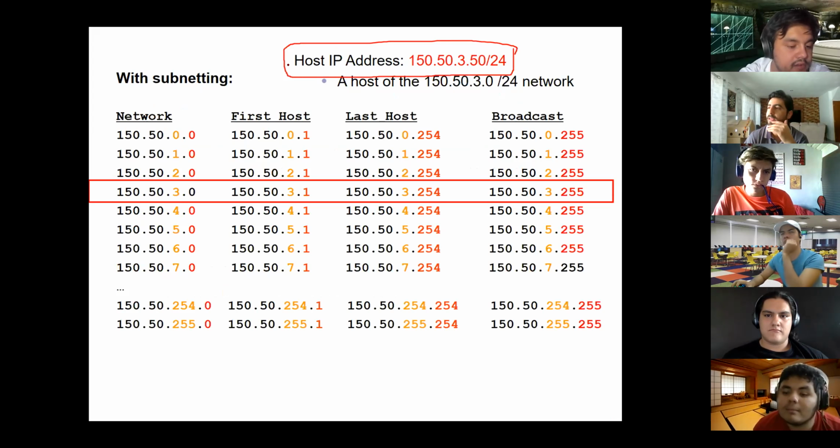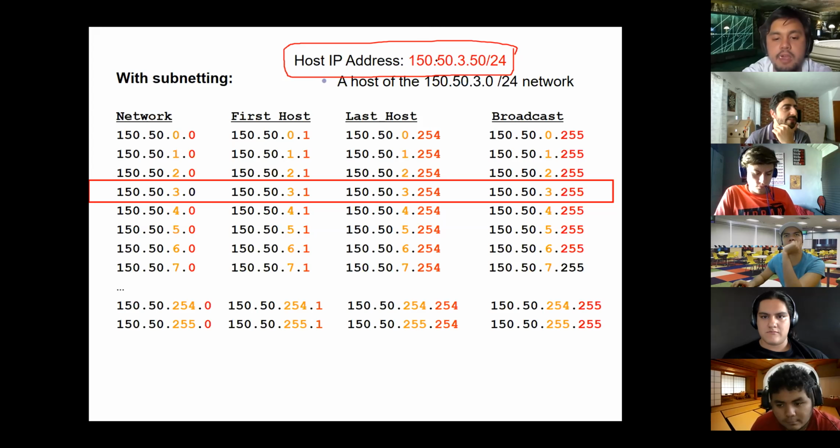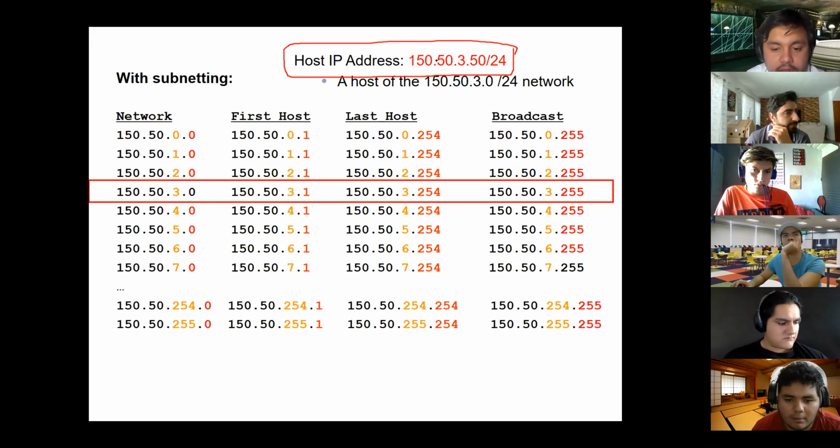I can ask you which network this IP address belongs to, or what is the situation here? It belongs to 150.50 in the 4 subnet, or the .3 subnet.